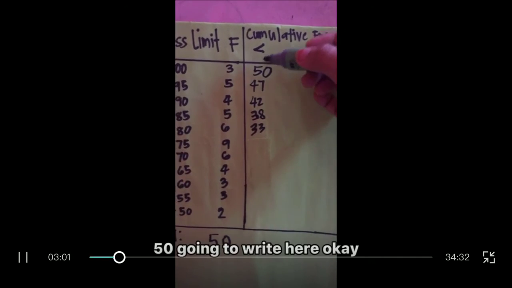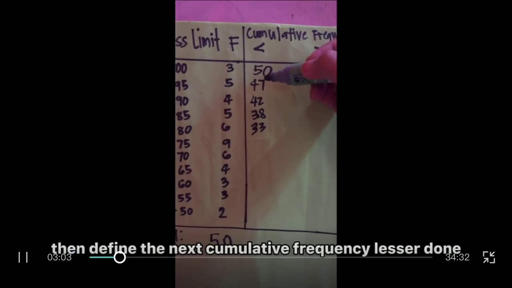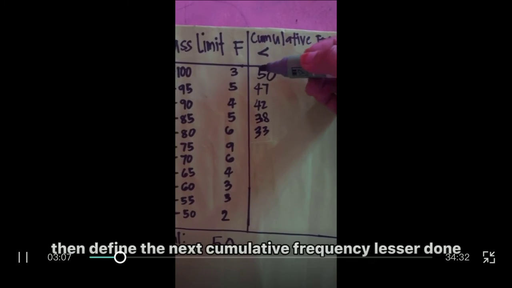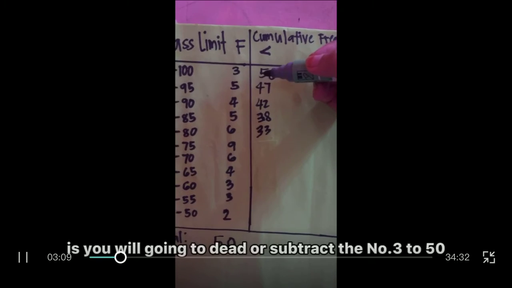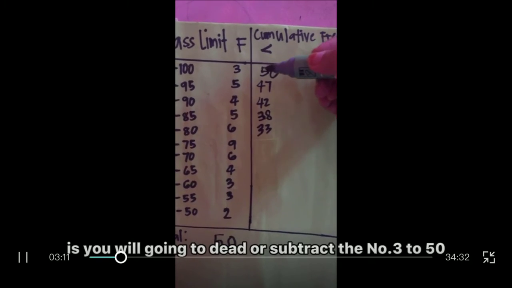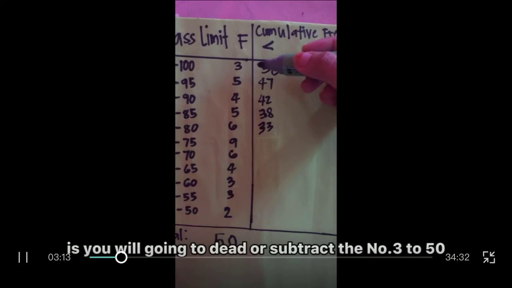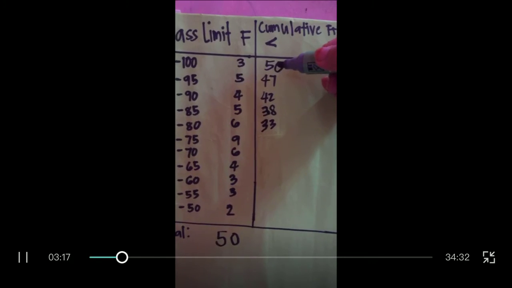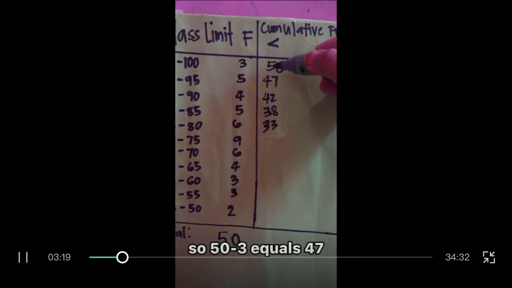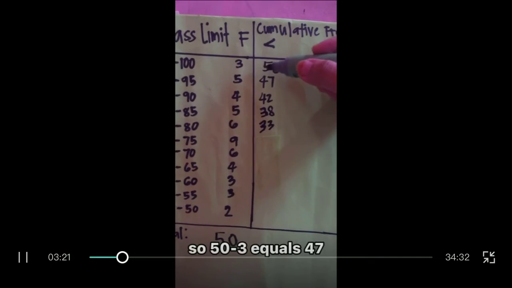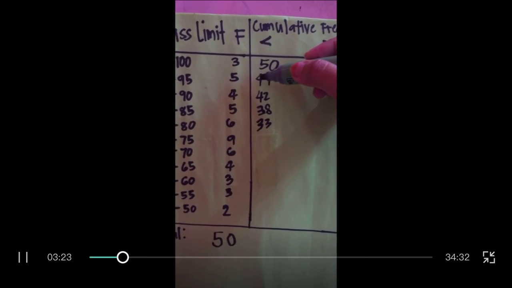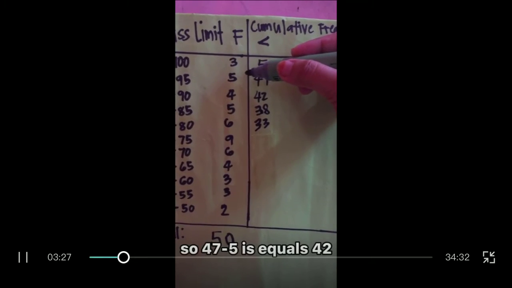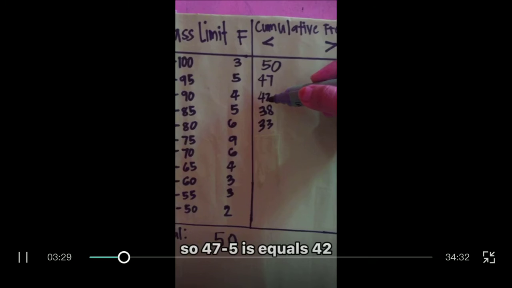Then to find the next cumulative frequency lesser than, you will subtract the number 3 from 50. So 50 minus 3 equals 47. 47 minus 5 equals 42.